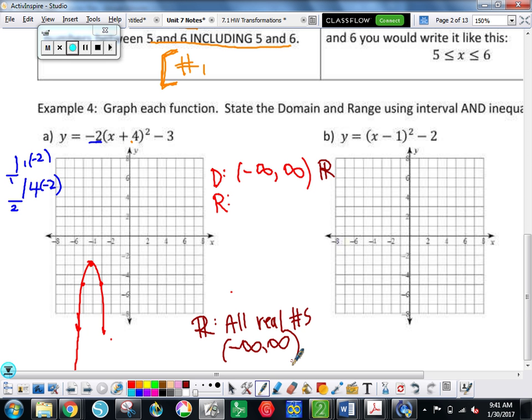What about the range though? The range goes from bottom to top. So if I'm looking at this, that's the tipping point, the top spot. So what's the smallest number, if I could hit the smallest number? -infinity. Is that okay? So it's down forever, and then when does it stop?